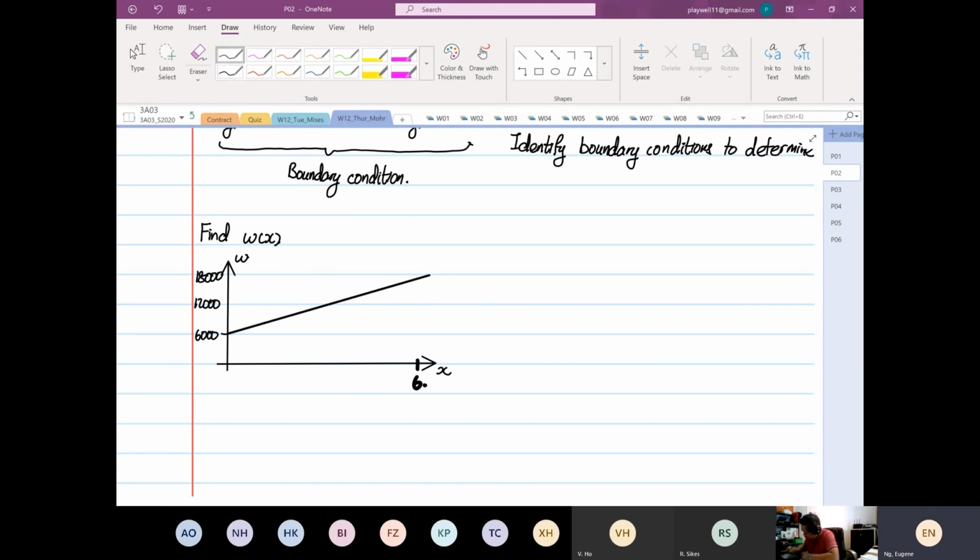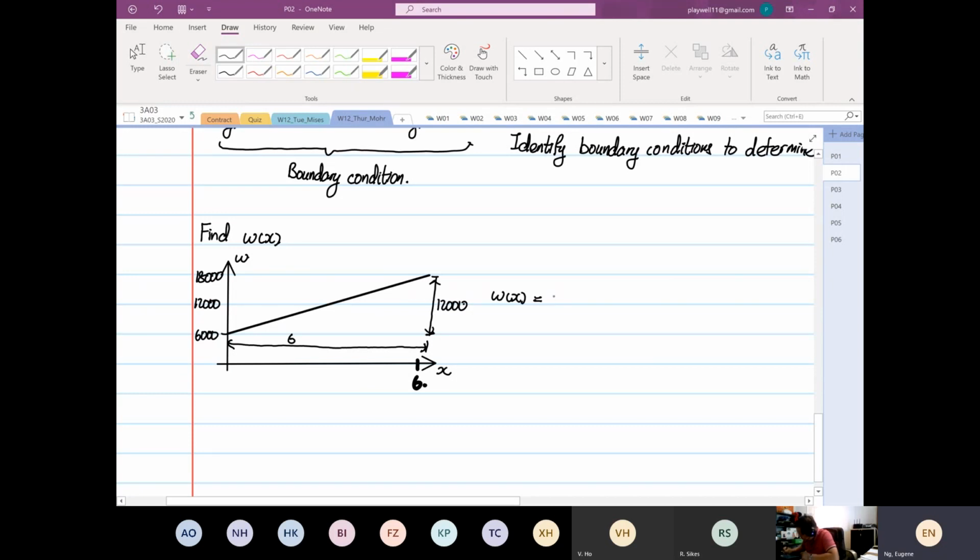So we know the function omega as a function of x will be equal to, so we find the gradient. The distance from here to here is 12,000, and the distance from here to here is 6.